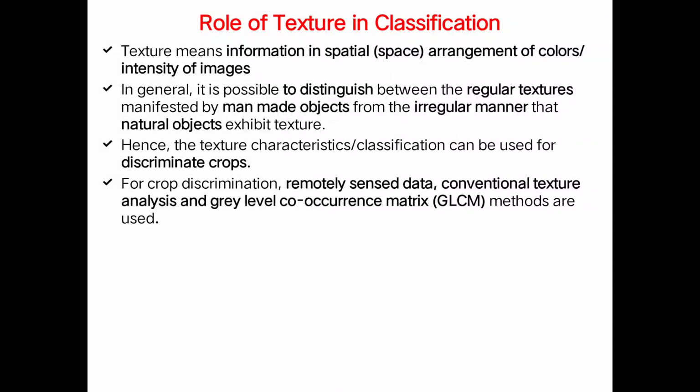Hence, texture characteristics can be used for discrimination or classification of the crop. For crop classification, with remotely sensed data, conventional texture analysis and the gray level co-occurrence matrix, that is the GLCM method, are also used.